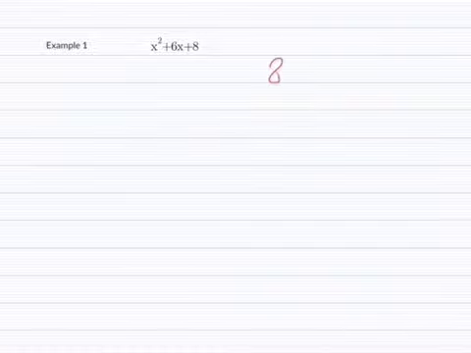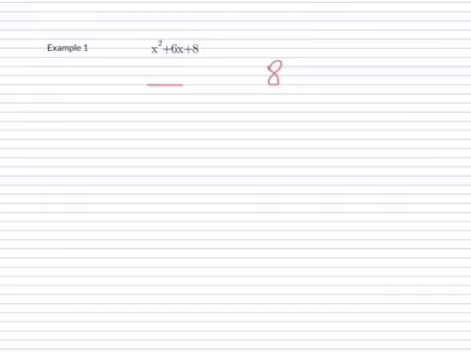So then the second thing we need to do is take a look at my last term, which is 8 here. We want to find 2 things that multiply to get to 8, and will add to get to that b term, which is the 6. It's always multiply the last term, add to get the middle term.